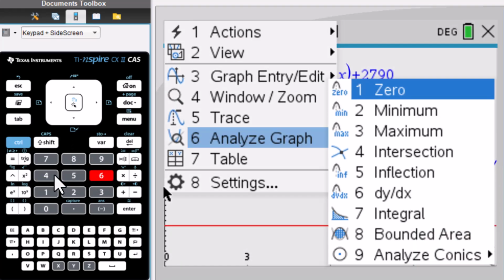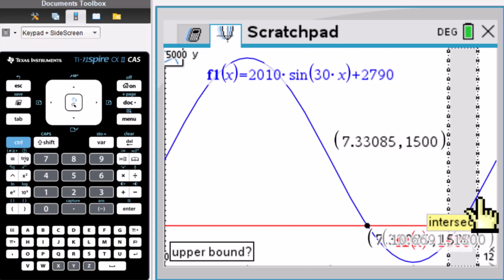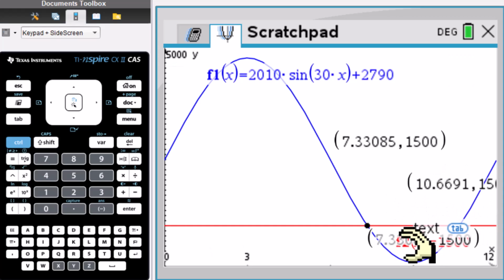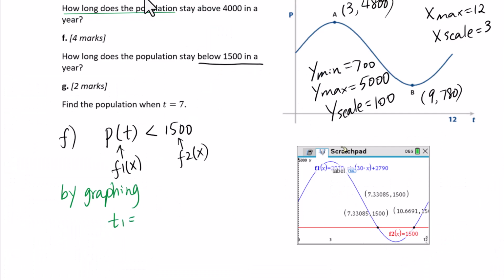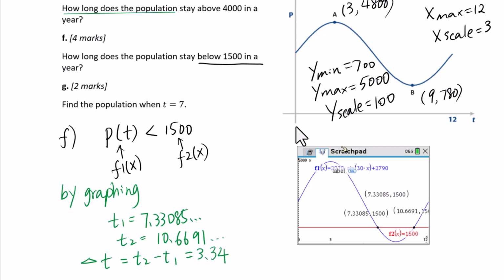Menu 6, 4 for the other intersection. T1 equals 7.33058. T2 equals 10.6691. How long equals T2 minus T1. Answer is 3.34 months. The population stays below 1500 in a year.